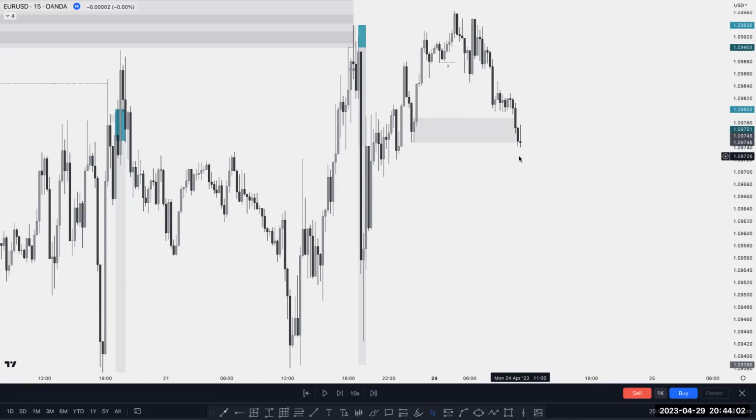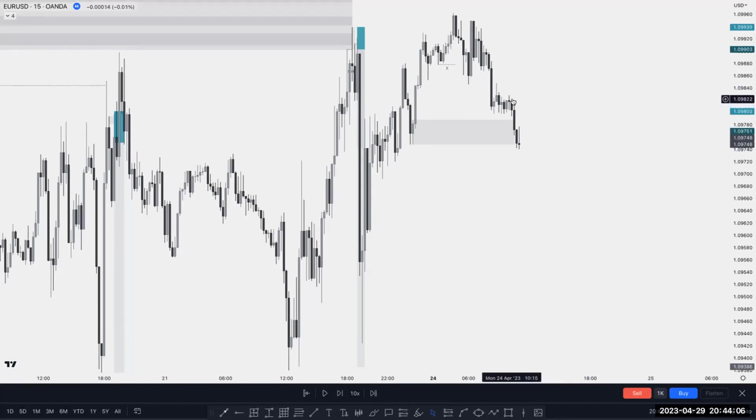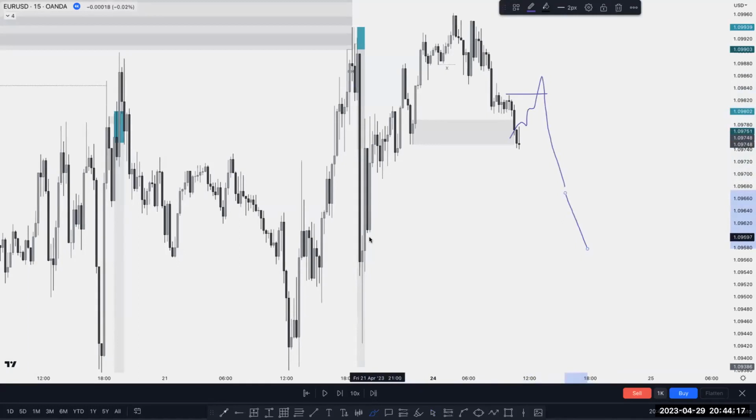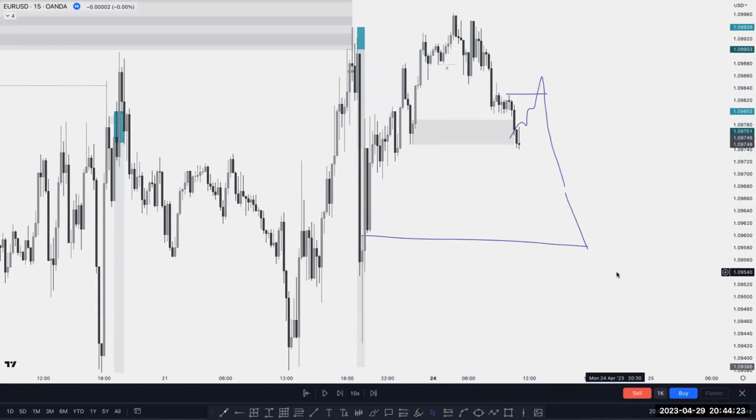Simply you can sell if market taken out this inducement. Why? Because this high acts like an inducement here, right? Like this. And then we can sell till this PY mitigation, right? So this is a possible scenario here for the sell.